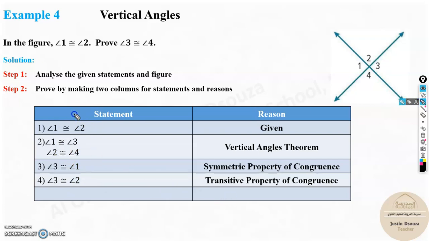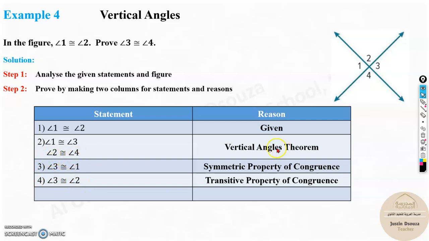Now what it means is, 1 is congruent to 2, 3 is congruent to 1. So that means these both must be congruent, 3 and 2. Or else you can also think of this as replacing. Instead of 1, I'll write 2 over here, because they're congruent. Congruency means same. So now we have got angle 3 congruent to angle 2.